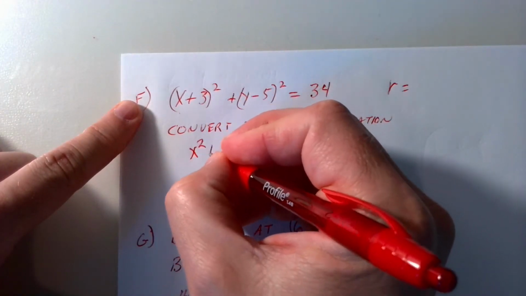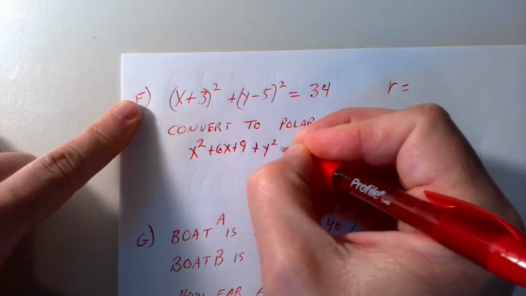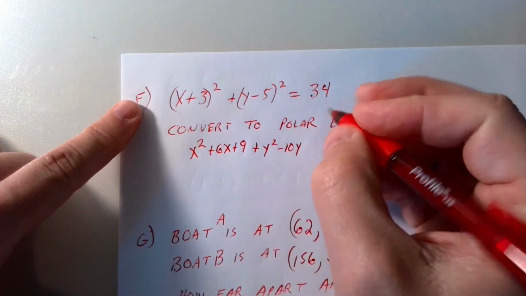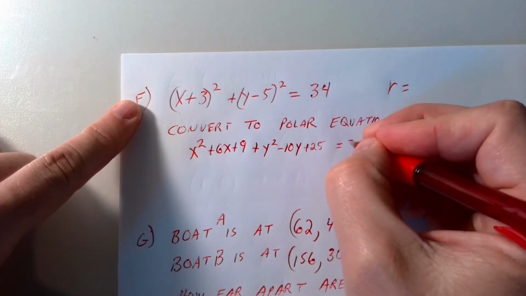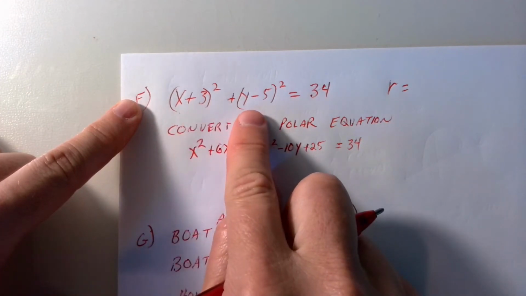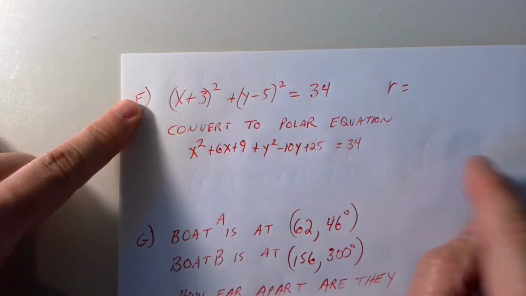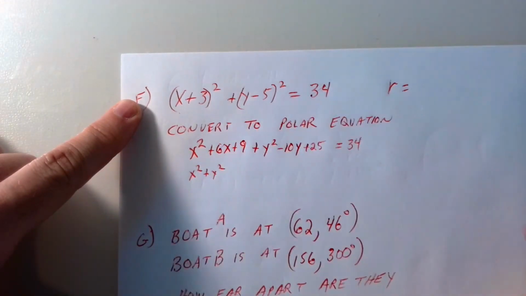So I get x squared plus 6x plus 9 plus y squared minus 10y plus 25 equals 34. That's just x plus 3 times x plus 3 and y minus 5 times y minus 5. I get that thing. And now I'm going to group. I'm going to group my quadratic terms, x squared plus y squared.